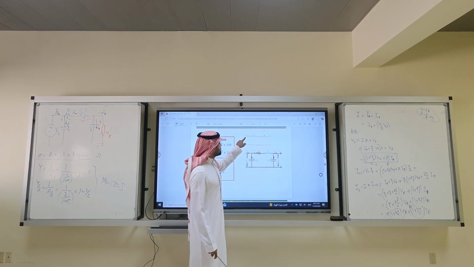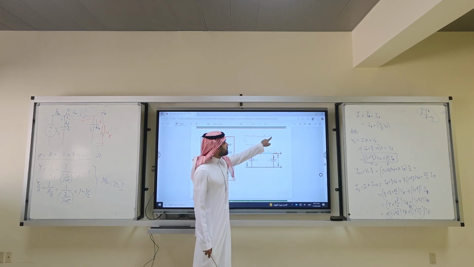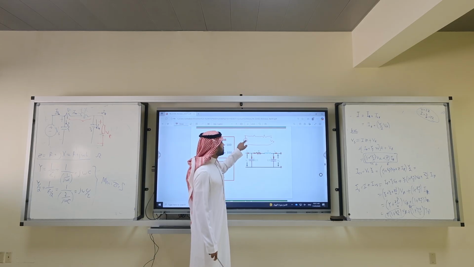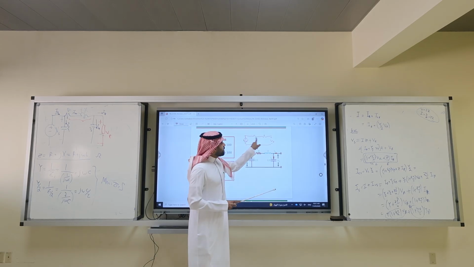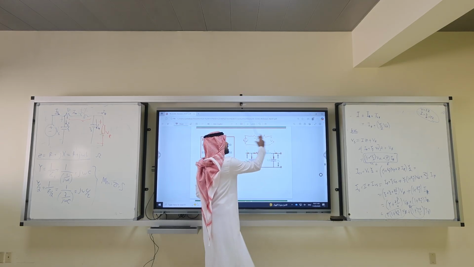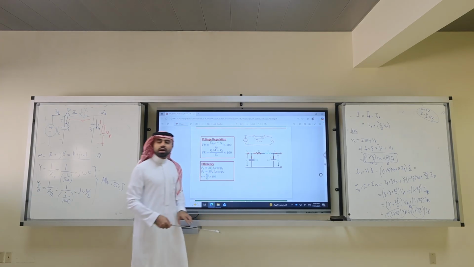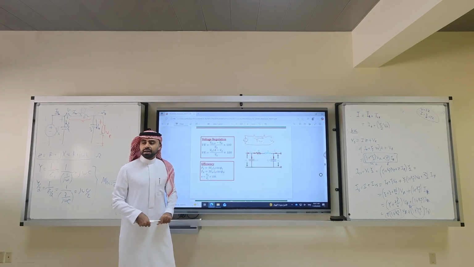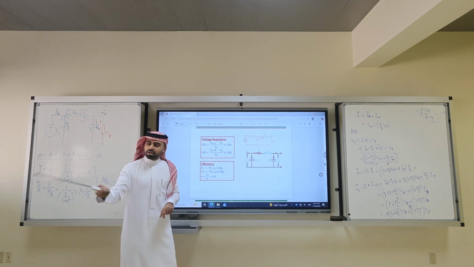If no capacitor, this is VS, this is VR, this is maybe the sending end, usually a source. At no load, this is an open circuit, so I is 0, right? Yeah. So VR equals VS because the A is 1. The A in the short line equals 1.